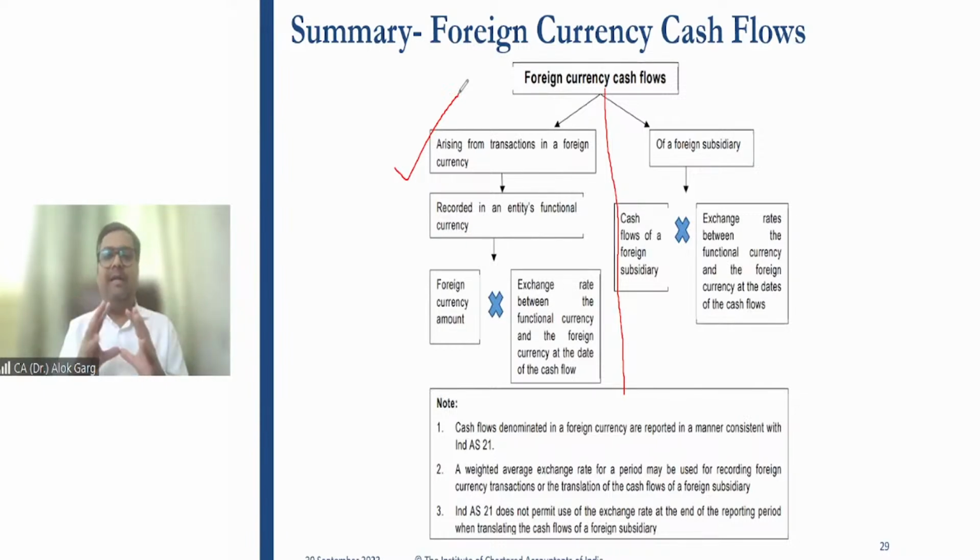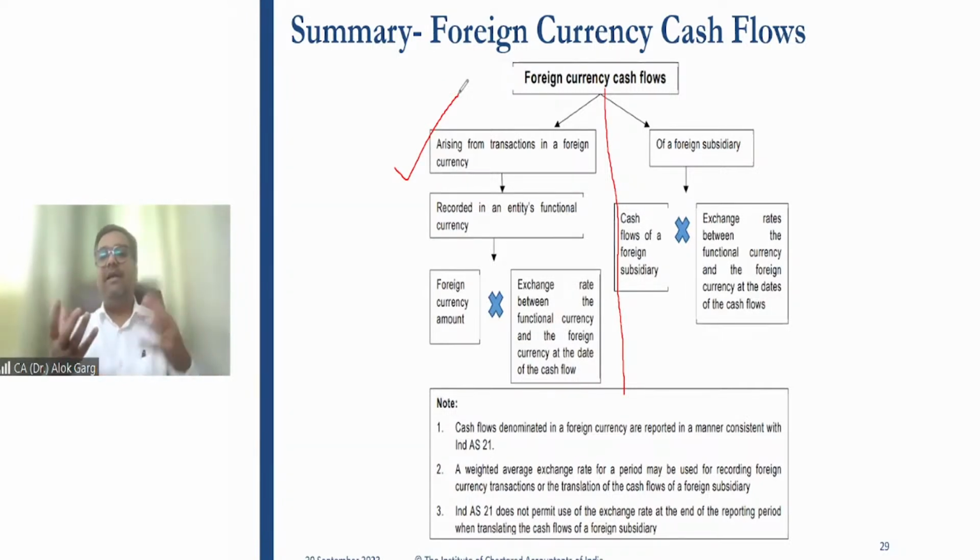So 1000 multiplied by 70 rupees, I'll pass an accounting entry: bank account debit to revenue from foreign currency. 70,000 rupees I'll record as my income and I'll record in my bank, right?